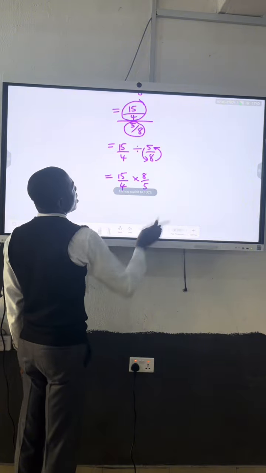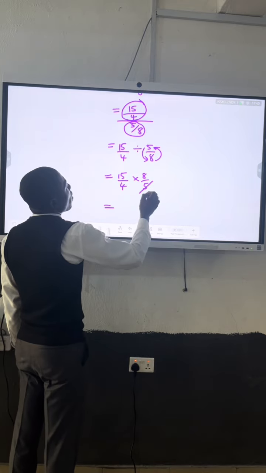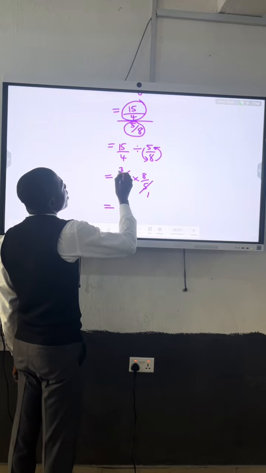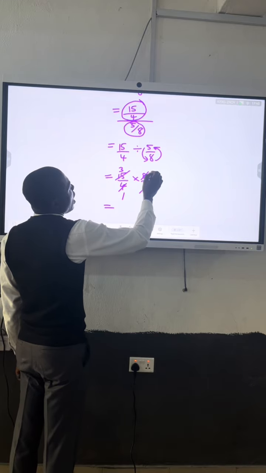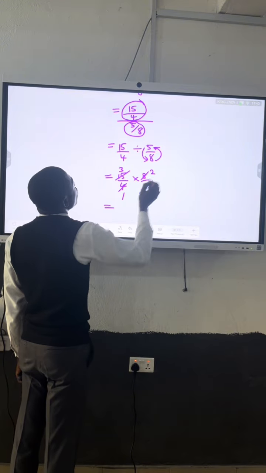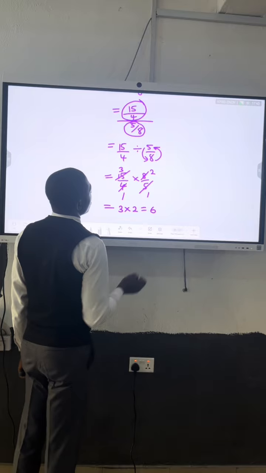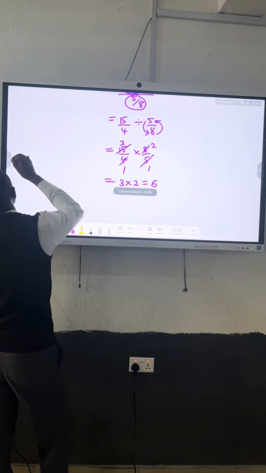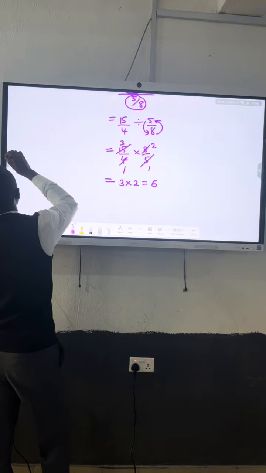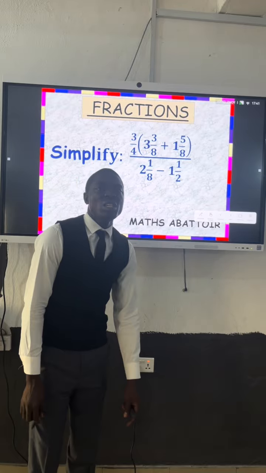At this point, if you check very carefully, you can cancel some things. 5 in 5, 1. 5 can go in 15, 3. And then 4 here, 1. 4 in 8, you're going to get 2. So everything reduces to 3 multiplied by 2, which is equal to 6. So we can now say that the entire result of the question given to us is equal to 6.